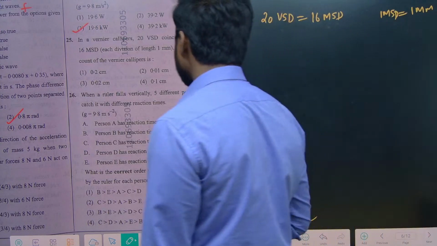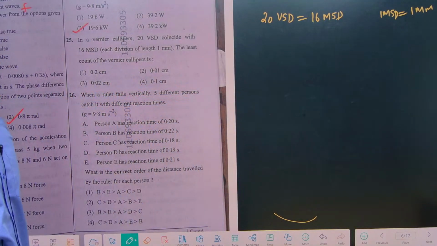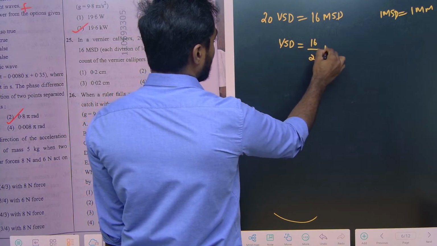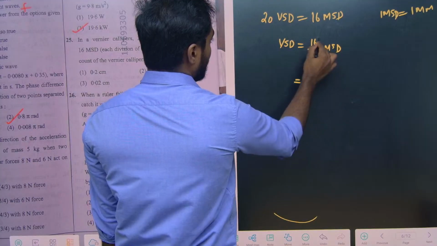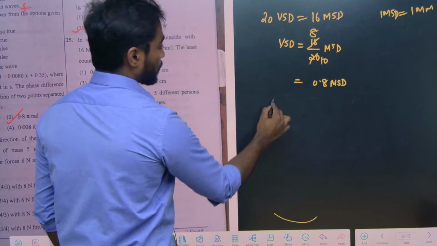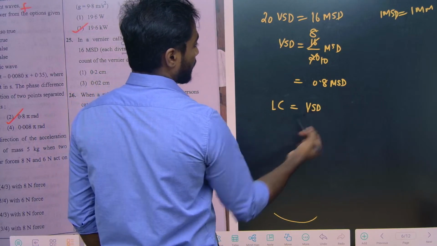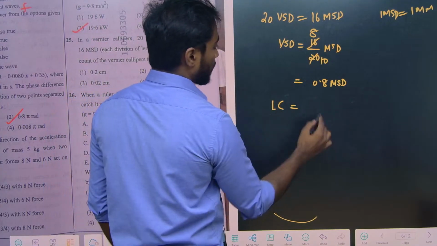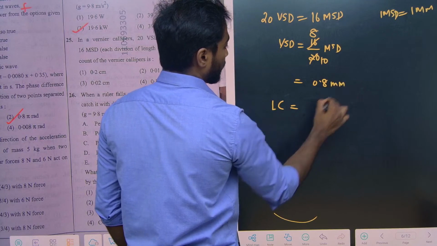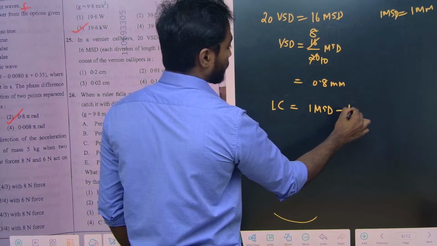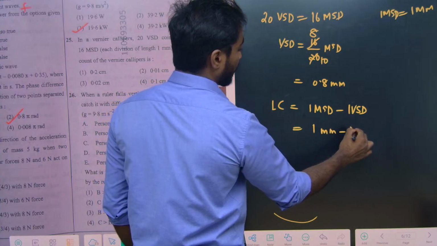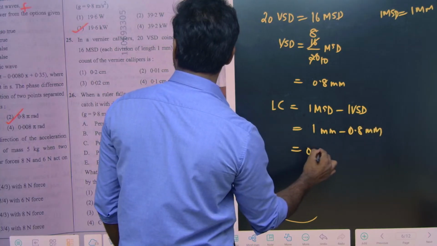We know the conversions also. 1 VSD is equal to 16 by 20 MSD, which is 0.8 MSD. So the least count is MSD minus VSD. This MSD is given in millimeters, so 1 MSD minus 1 VSD is 1 millimeter minus 0.8 millimeter, which is 0.2.